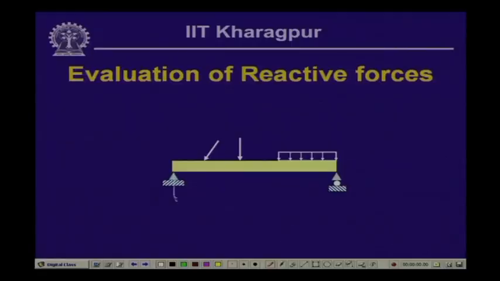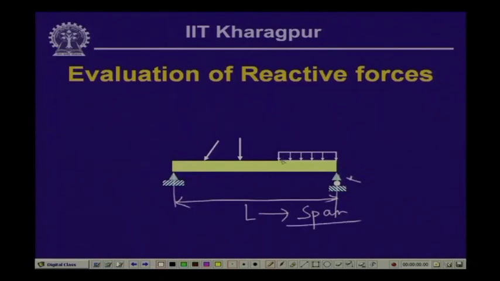Say for example, this is a simply supported beam which is supported on a hinge support on one end and a roller support at the other, having a length L which we call the span.